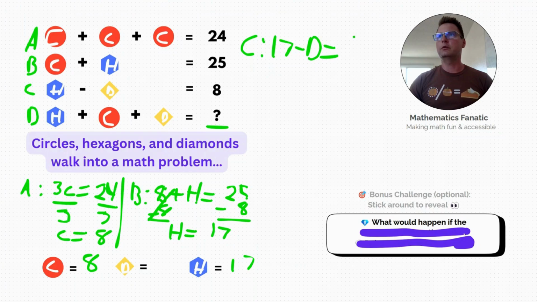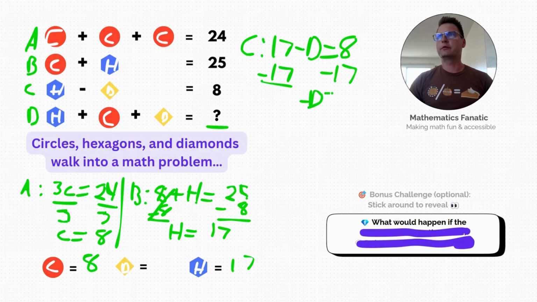That's all equal to 8, right? So to get D by itself, it's invisible, so it gets lost. Subtract 17 from both sides. I was just bringing down my minus here because you have to preserve the minus sign on the D.